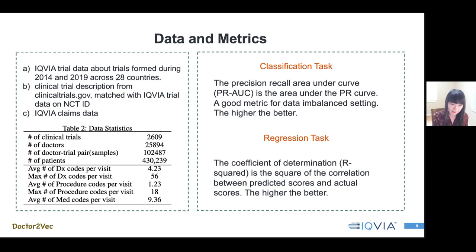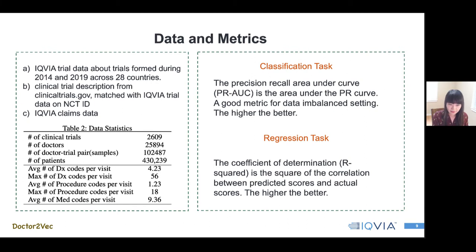We tested our method using data collected from both public websites, such as clinicaltrials.org, and our proprietary clinical data. For the classification task, the performance is measured by PR-AUC, which is a good metric for a skewed data setting, because most of the enrollment rates are in the middle.